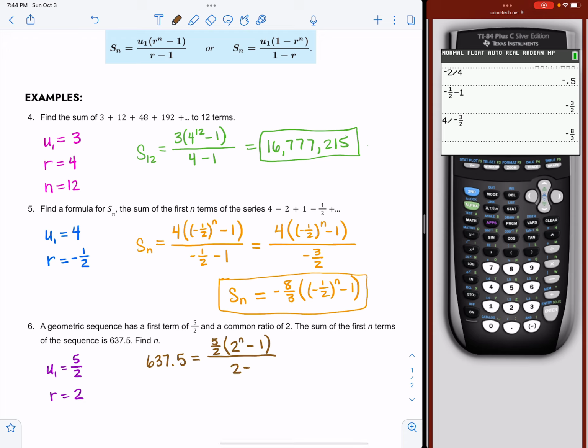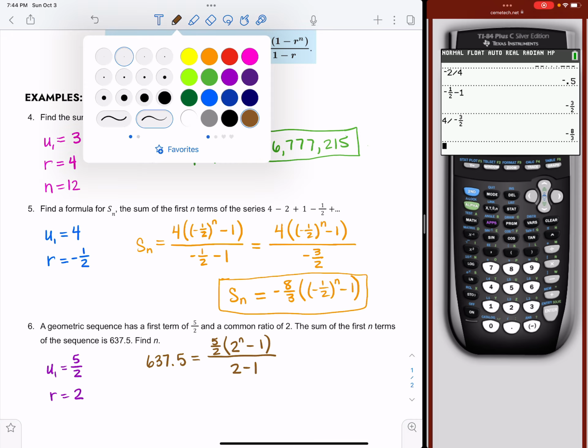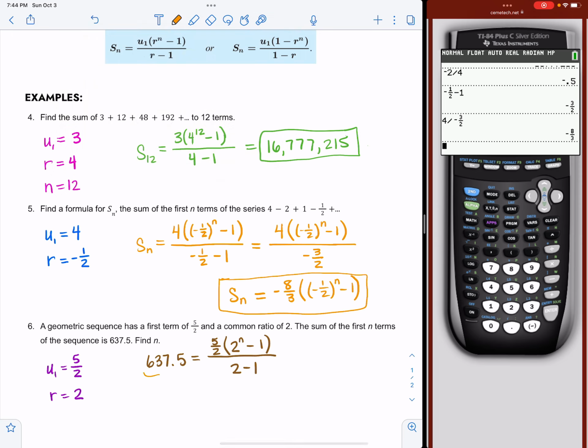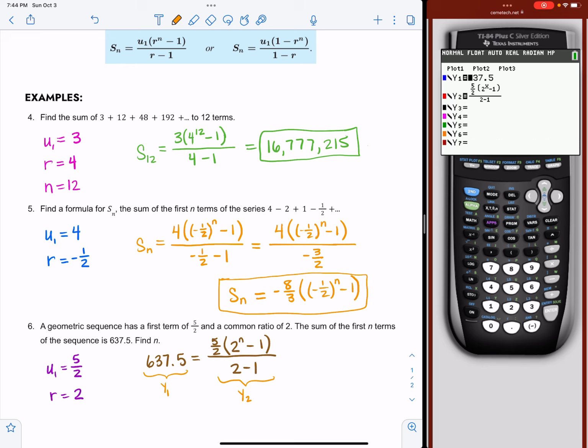What we can do is put the left side in Y1 and the right side in Y2. When we do that, it looks just like that. Then when we press graph, we're going to get our graph to look like this. We only see one graph, and that graph is red, which means that's the graph of Y2, the fraction.